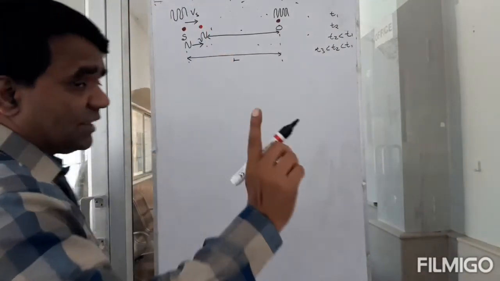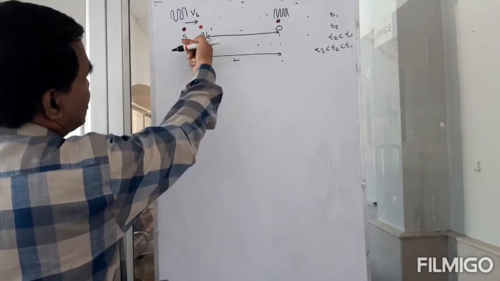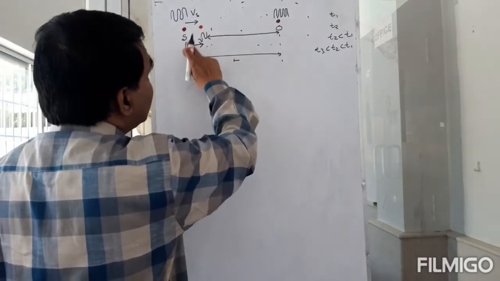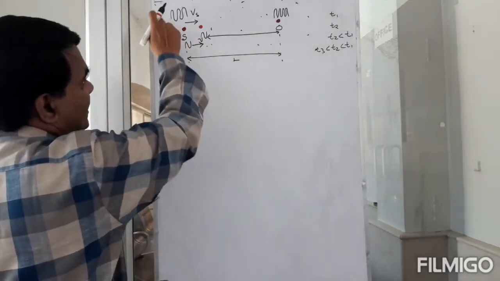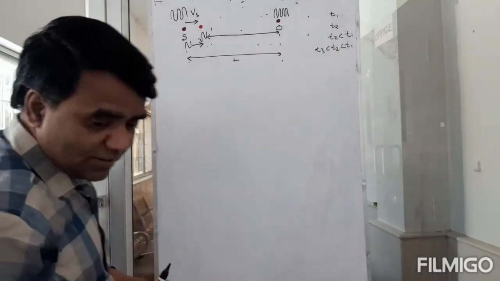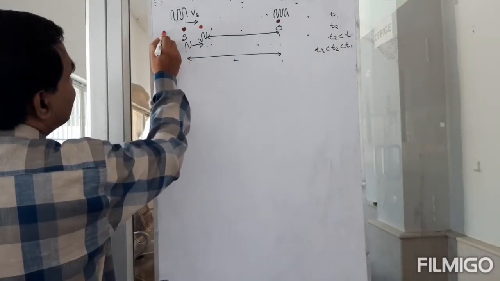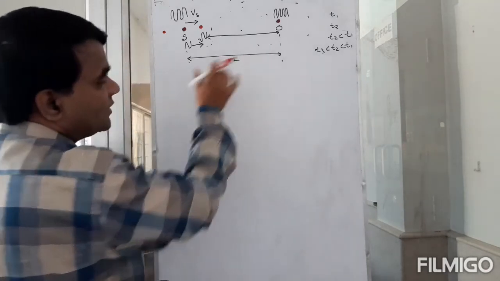And the opposite effect takes place when the source moves in this direction. When the source moves in this direction, then the first pulse will take t1 time to reach, and then the second cycle of the pulse will take t2 time. But then notice here, if it is moving away, then the second pulse has a longer time to travel in this medium.